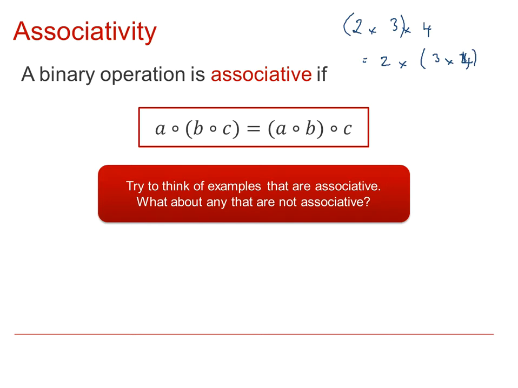So we've looked at an example there where it is associative, so we could say that A circle B is equal to A multiplied by B, where A and B are real numbers. Then yes, that is associative.